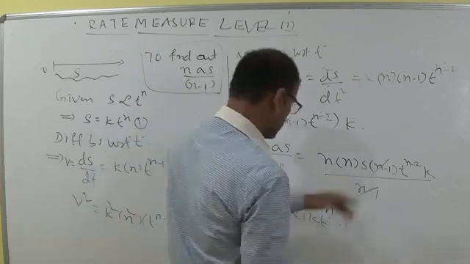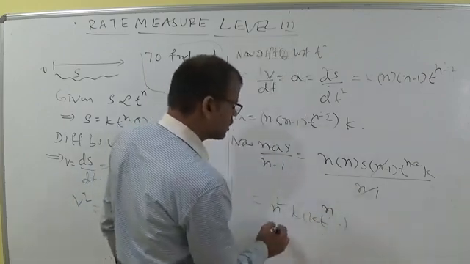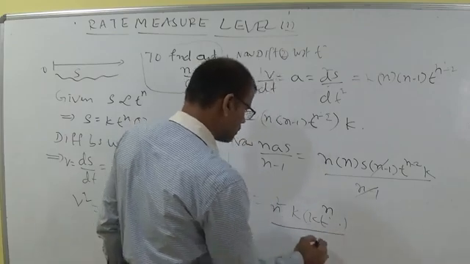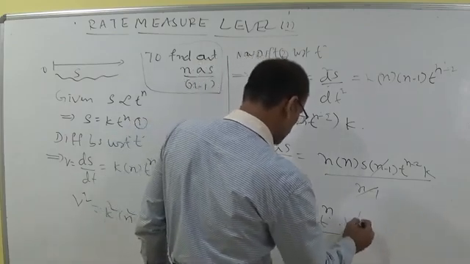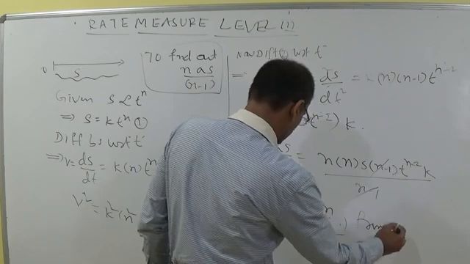N square into k into t power n, that is from equation 1.